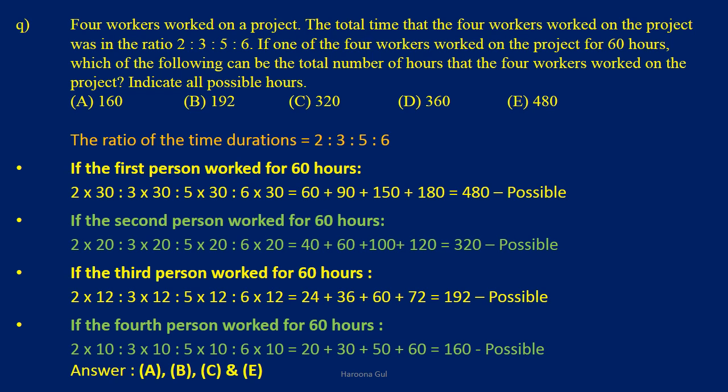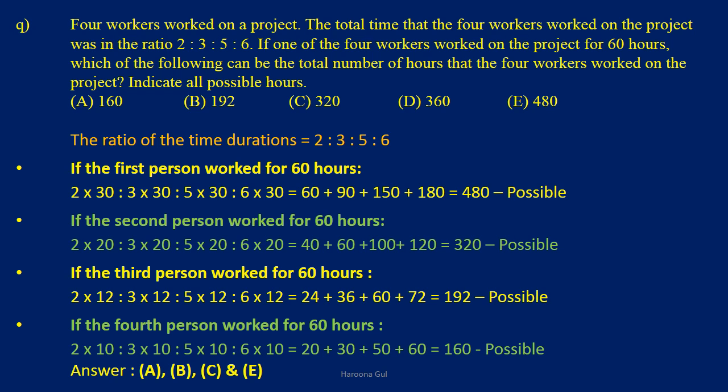2:3:5:6. Now, if the first person worked for 60 hours, then we are going to multiply each one of the ratios by 30, so that we can get 60 for the first person, right? And 60 plus 90 plus 150 plus 180 gives us 480, which is possible, right?